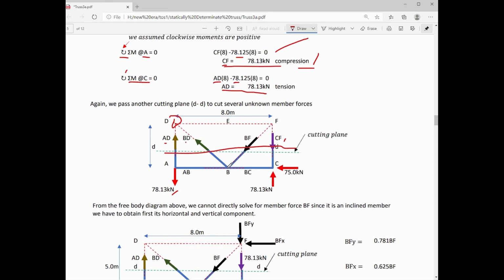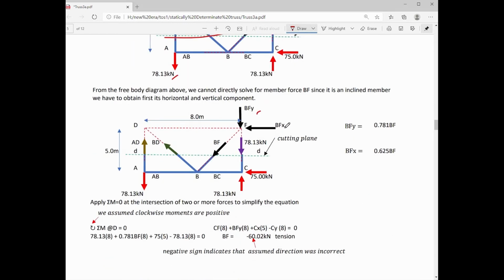We can resolve that at joint B or at joint F, but it's more logical to resolve that at joint F so that the horizontal component of BF will pass through the moment center at joint D. Thereby, the vertical component will be the force that will create moment with respect to joint D, together with some other forces that will not pass through joint D. So here is now the vertical and horizontal component of member force BF. We will apply summation moment at joint D. We will replace the value of the vertical component of BF with 0.781 BF, that is the vertical component of the members on the upper portion of the truss.